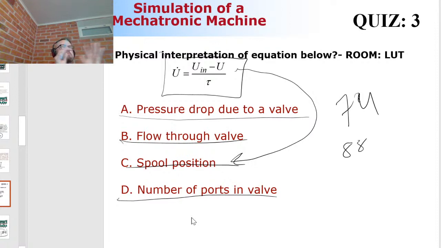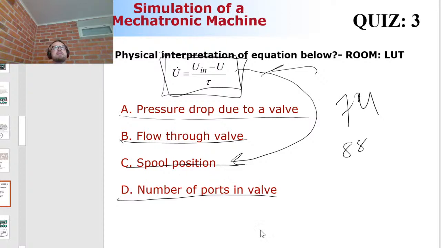It's a little bit confusing, perhaps, because we're speaking about voltage, but the physical interpretation is the spool position. This is a first order delay equation which describes inertia. It's another example of semi-empirical modeling, because to make a physics-based model of the spool position, you should know inertia, properties, friction, and so on and so forth. It becomes very, very difficult.